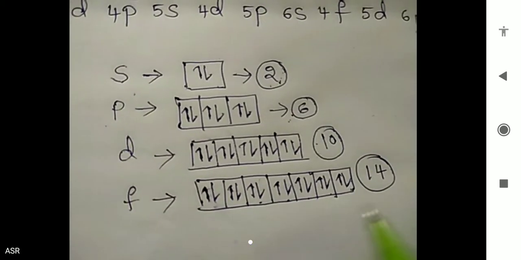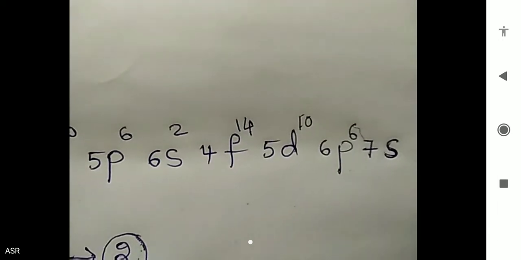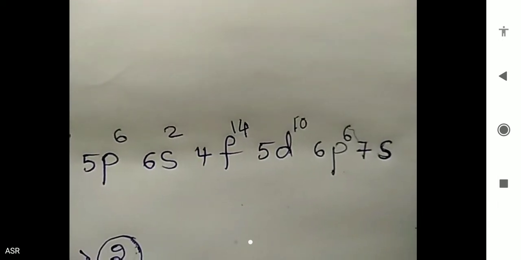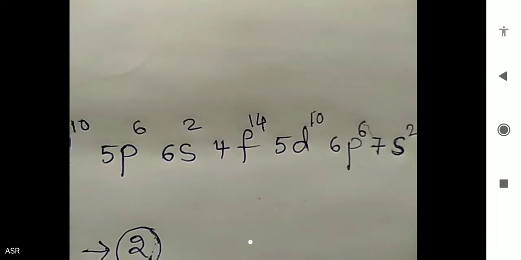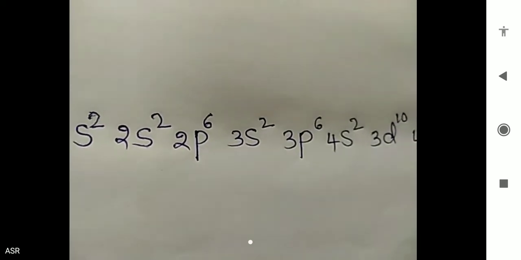Now you tell me F. F we have seen here 14 electrons can be accommodated. So you will write here 14. Here D again 10. P is 6. What about S again? S is 2, right? 2 you write down here. So till here, all the numbering along with alphabets, everything is complete. Now your electronic configuration is ready.